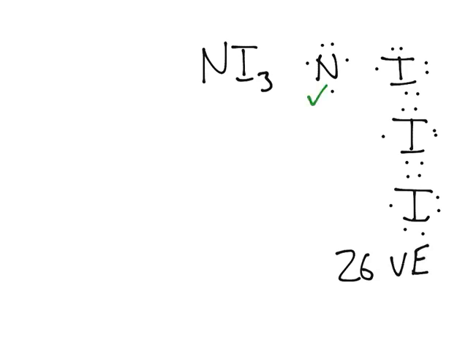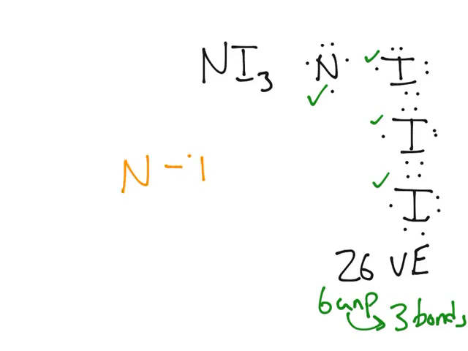Of those, we have 3, 4, 5, 6 unpaired, which leads us to think we're going to have 3 bonds. And we've got nitrogen going in the center. Go ahead and surround it with 3 iodines. And we'll give the outside ones their full octet, like normal.